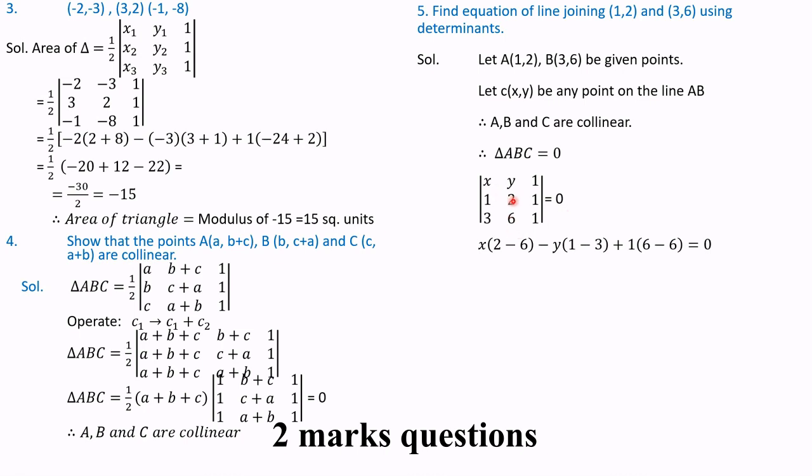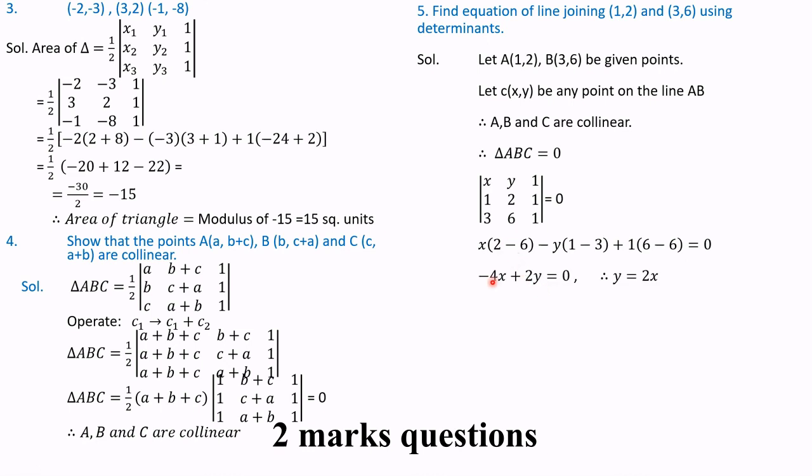Therefore, x into 2 minus 6, minus y into, cancel this, 1 into 1 is 1, 1 into 3 is minus 3 here, minus y into 1 minus 3, plus 1 into 6 is 6, minus 2 into 3 is minus 6. So we have to find the value.